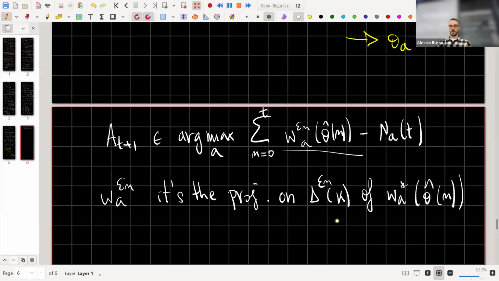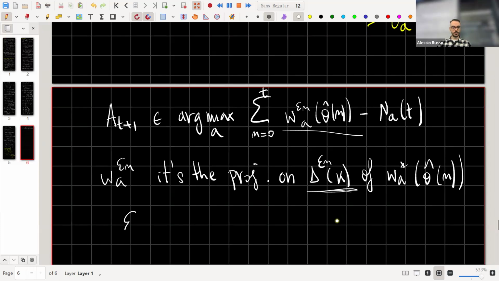So we have our model estimated in round n, we compute the lower bound, and we derive what is the optimal w for that model. Then we make a projection on the clipped simplex. Note here that the epsilon is not constant, it will decay.